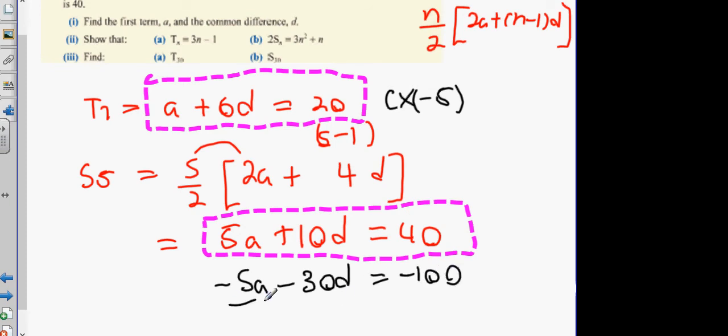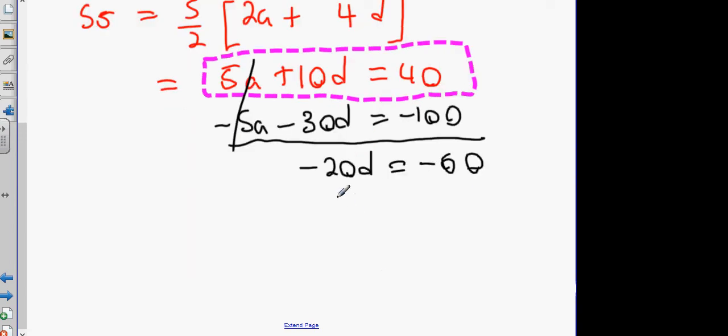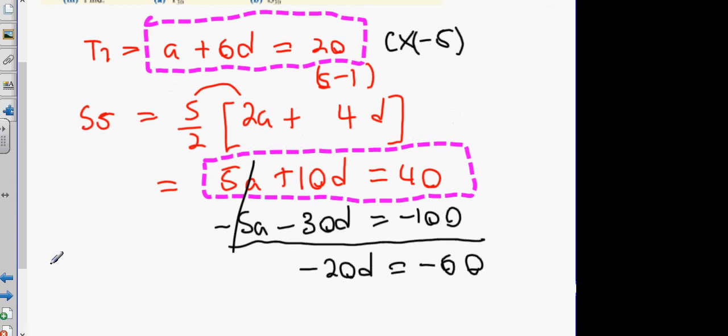Okay? And what we're going to get is the 5a's cancel, and we get minus 20d equals minus 60. That means that if you multiply both sides by minus, 20d will equal 60. Therefore, d has to be equal to 3.